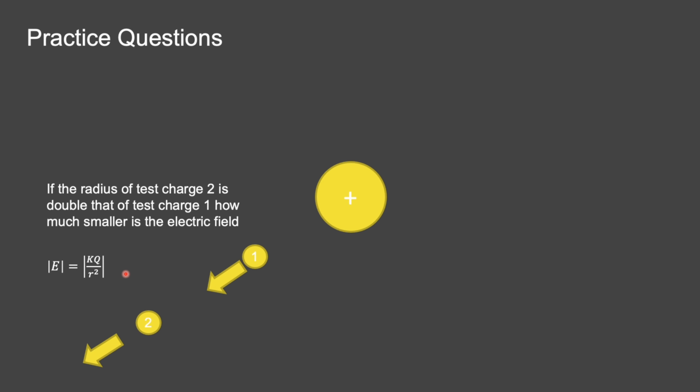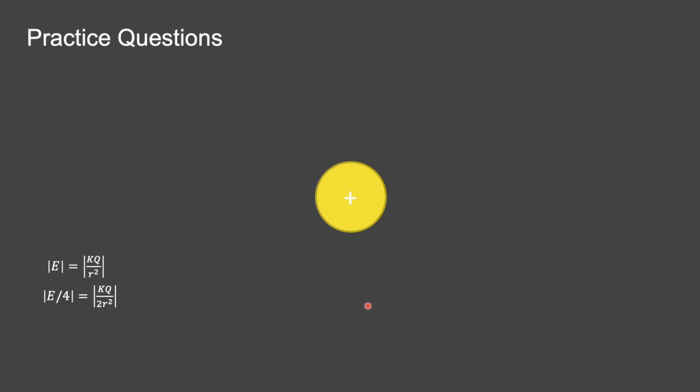But to calculate the electric field of test charge number 2, due to us knowing it's double the radius, we just put a 2r, like in this formula. And by using this, we can find out the electric field is 1/4 of what it was before. So it's 4 times smaller due to radius being squared in this formula. This shows by moving farther away from the source charge, the magnitude of electric field will get smaller.